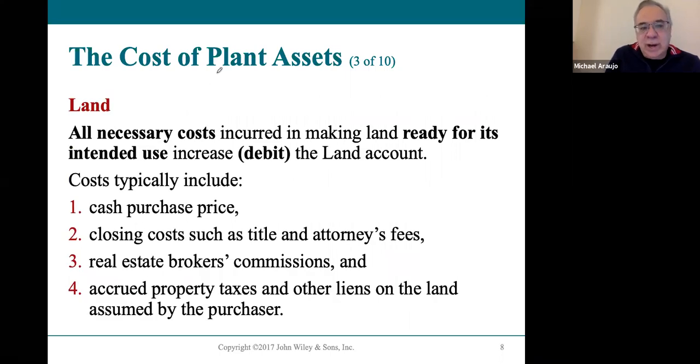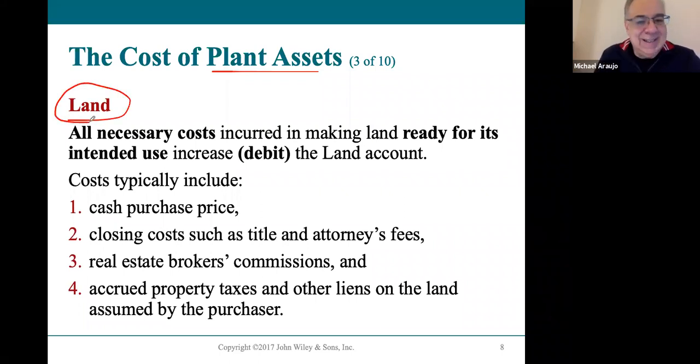So let's take a look at our property, plant, and equipment accounts. The first account that's always listed on property, plant, and equipment is land. Okay. Land is a very specific PPE account. And the cost to buy the land is more than the cash price.